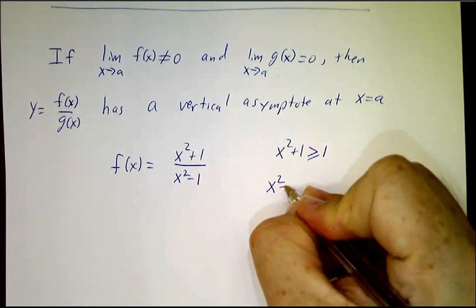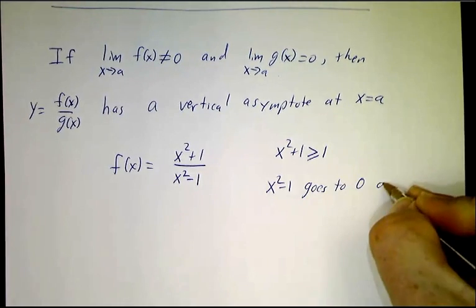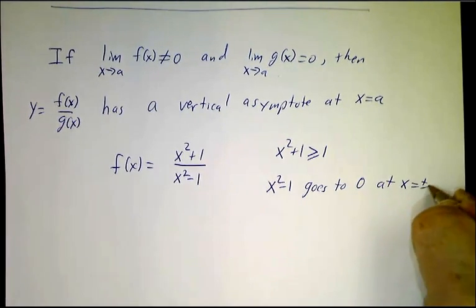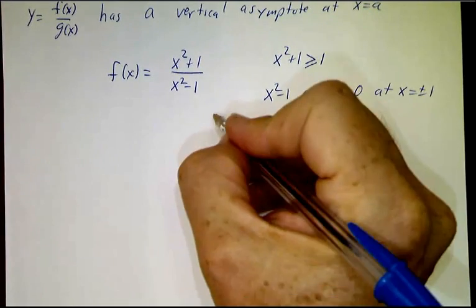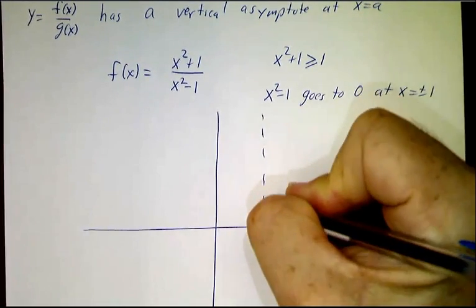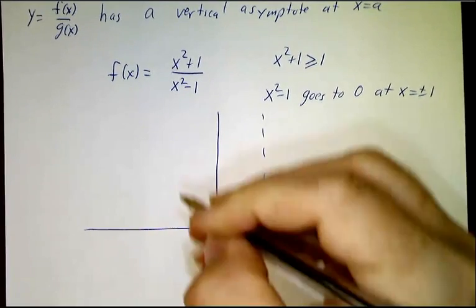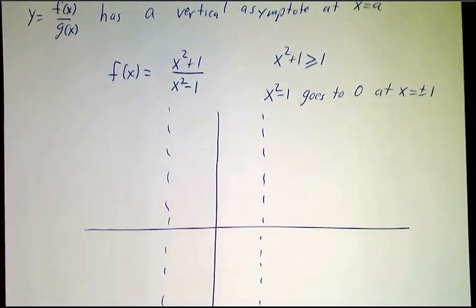But x squared minus 1 goes to 0 at x equals plus or minus 1. So if we make a graph of this, we should expect to have a vertical asymptote at x equals 1 and another vertical asymptote at x equals minus 1.